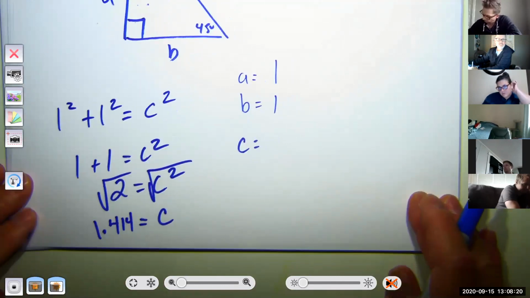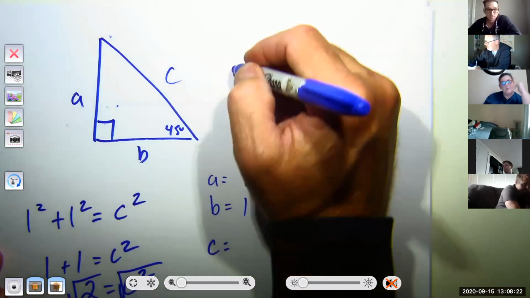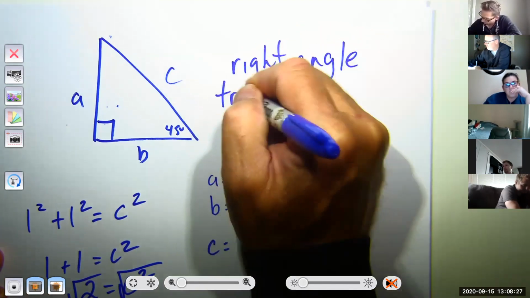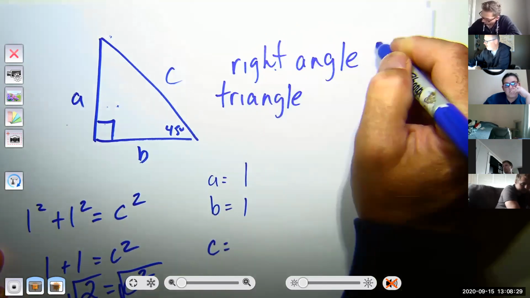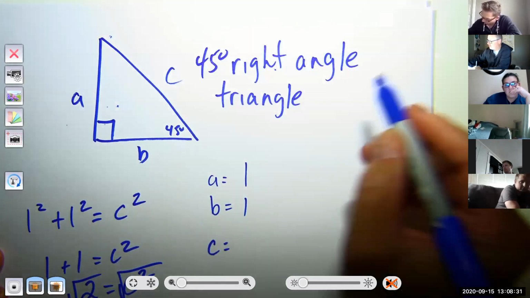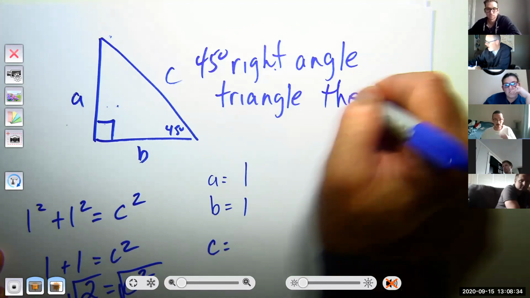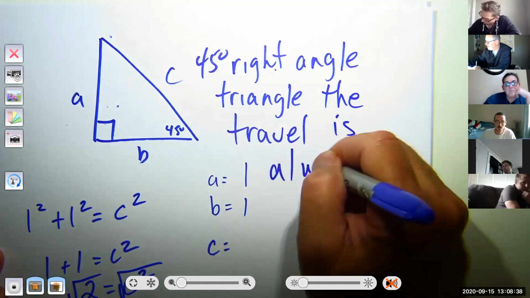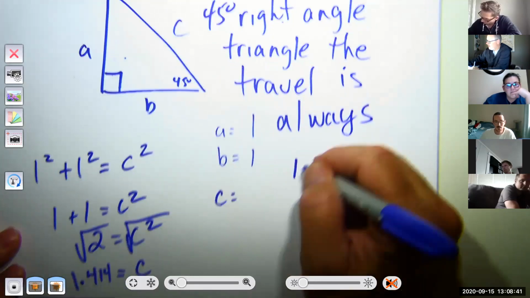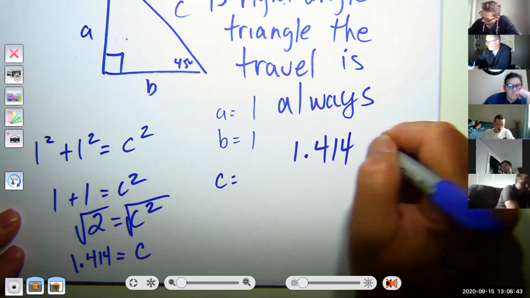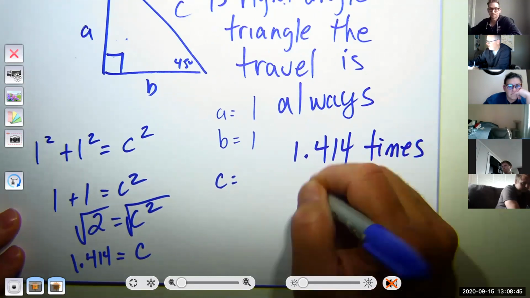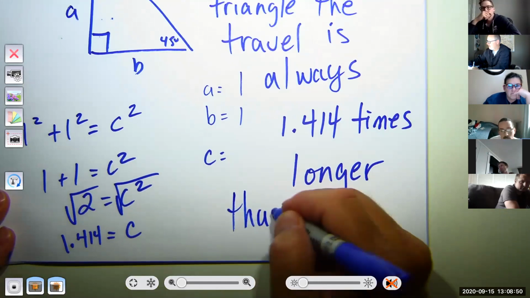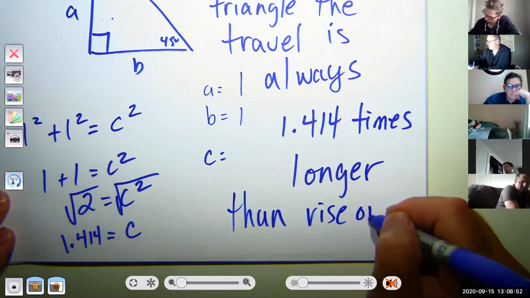So I have determined that in a 45-degree right angle triangle, the travel is always 1.414 times longer than the rise or run.